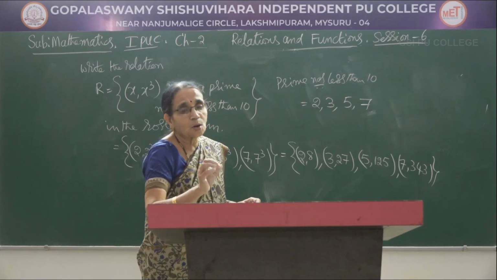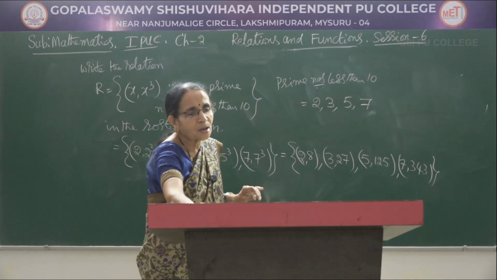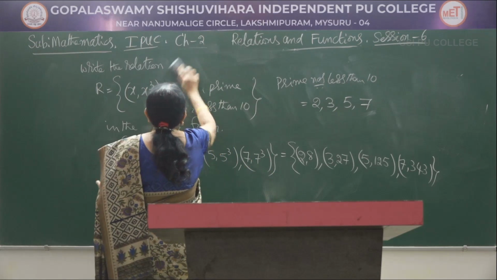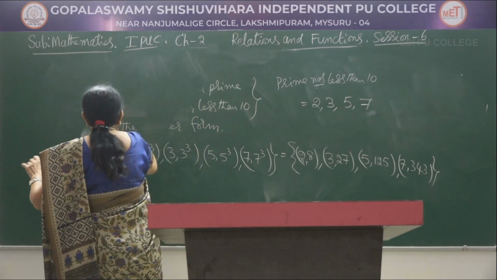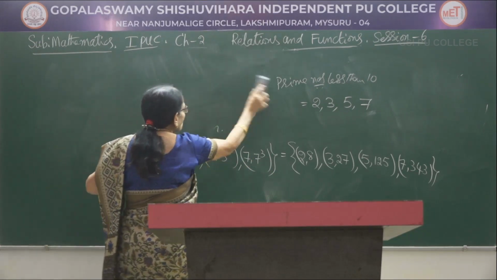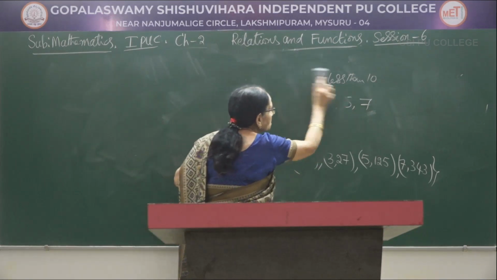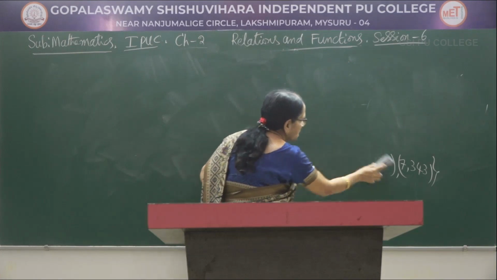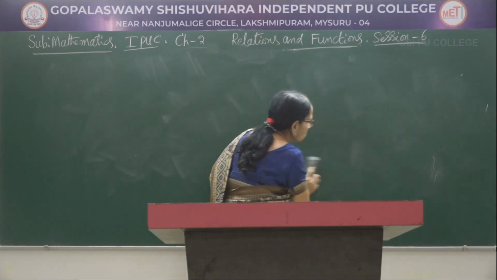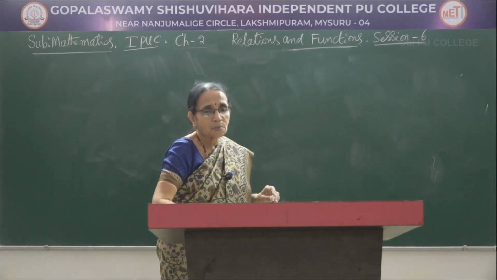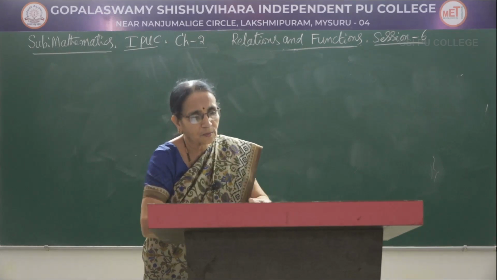So read the question properly to see what is asked and how it has to be answered. Understanding the definition of the relation is very important here, and then you can get the problem solved easily.